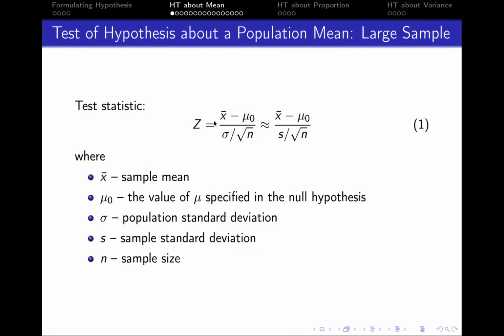So z-score is equal to sample mean x bar minus mu0, which is the value of the population mean specified in the null hypothesis, divided by sigma, which is the population standard deviation, divided by the square root of n, the sample size, which we know can be approximated in the following way. So the sample mean minus the value of the population mean from the null hypothesis, divided by s, the sample standard deviation, and divided by the square root of n, which is the sample size.